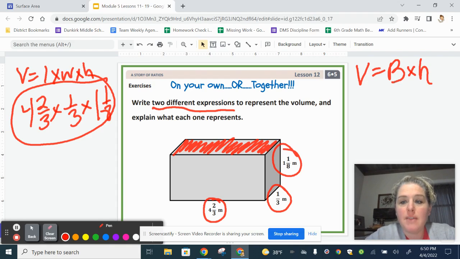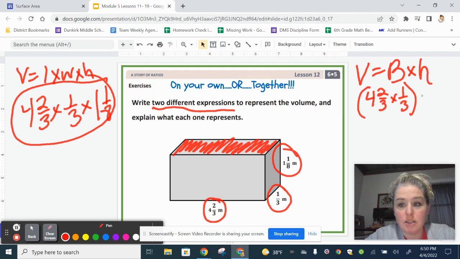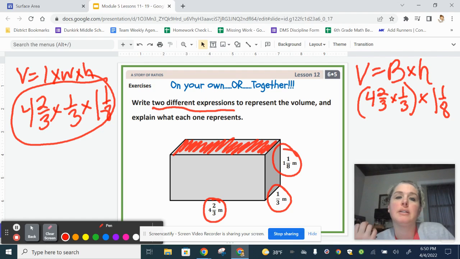So the area of that base would be 4 2/3 times 1/3. I would get that answer. Whatever I get for that, I would multiply it times 1 1/8. So those are 2 possible expressions that you could have to find the volume of this rectangular prism.